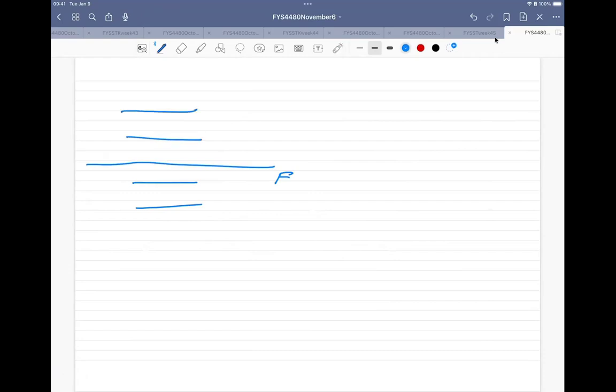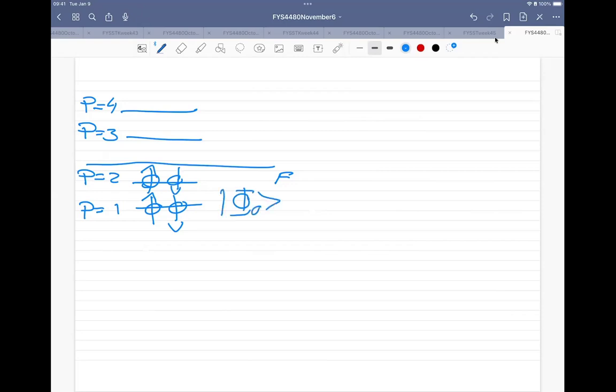Instead of the four particles which all could have the same quantum number, we are going to look at a system which has four particles, but each one of these I will call a P equal to 1. This just represents some quantum numbers which we don't need to specify. Could be the spatial quantum numbers, and then we have spin, so we have either spin up or spin down. So this guy here could then be the ground state. And this is something which we are going to set up in the exercise.